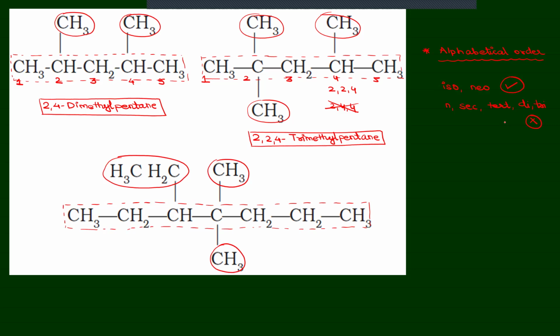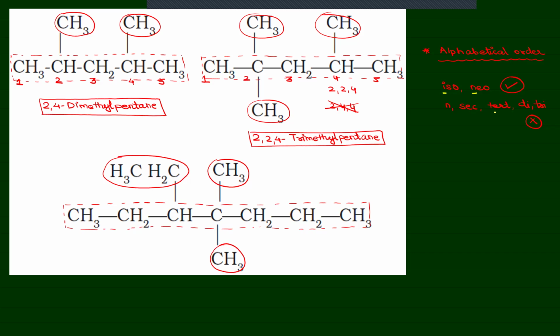Meaning, if I have a name of an alkyl or a branch as isobutyl, which alphabet I need to pick up? Isobutyl, I. Neopentyl, N. n-propyl or sec-butyl or tert-butyl.